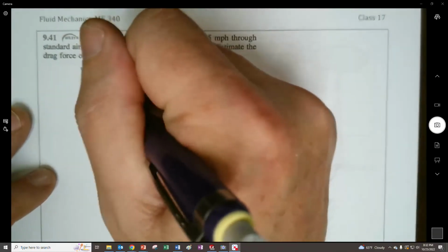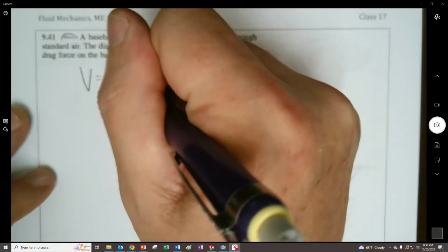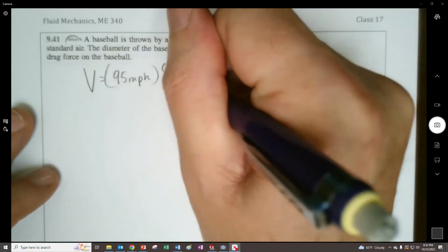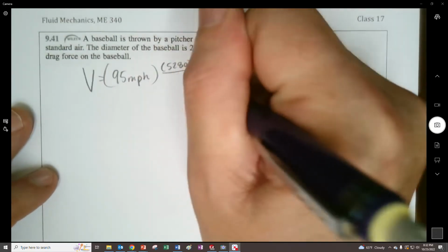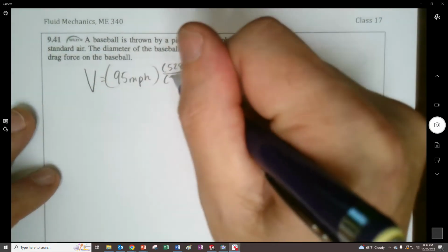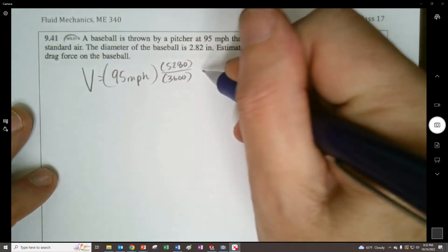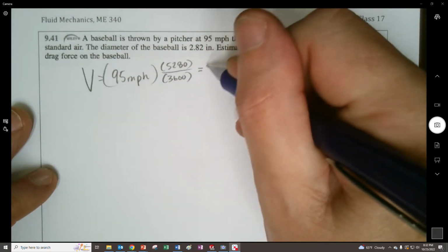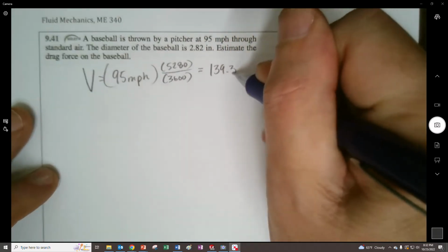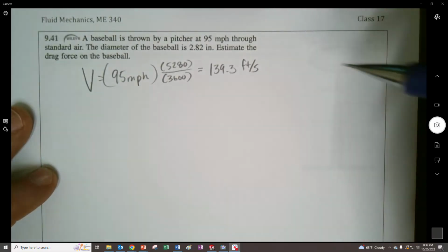So first off, let's take our 95 miles per hour and multiply it by 5,280 feet per mile and divide by 3,600 seconds per hour, and we end up getting 139.3 feet per second.